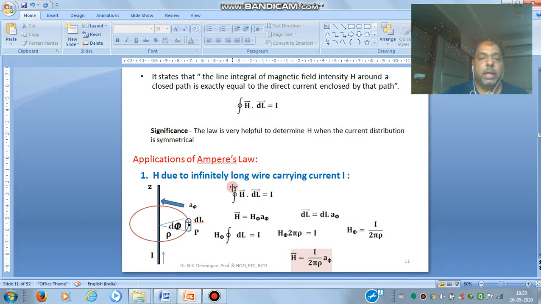First we write Ampere's law: the closed path integration of H dot dl gives the value of I. Here we have taken a circular path, it is enclosing current I, so we have written I here.